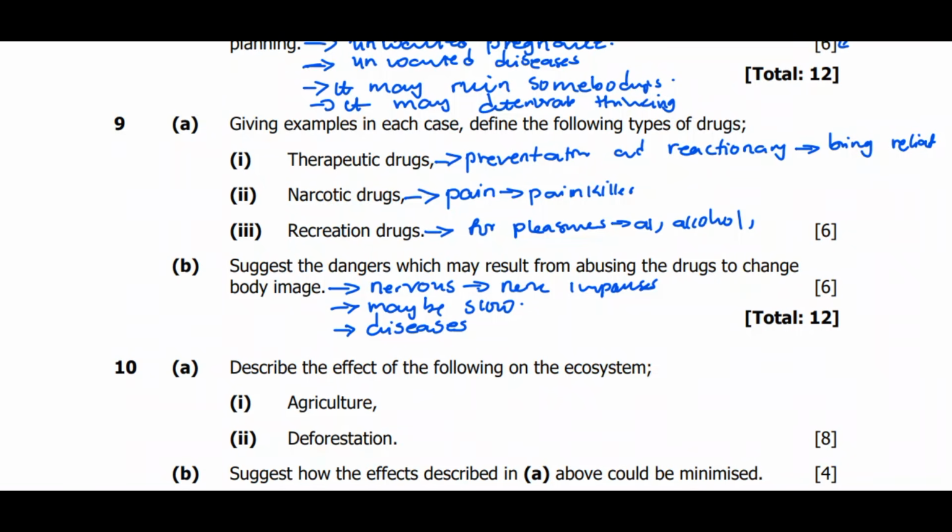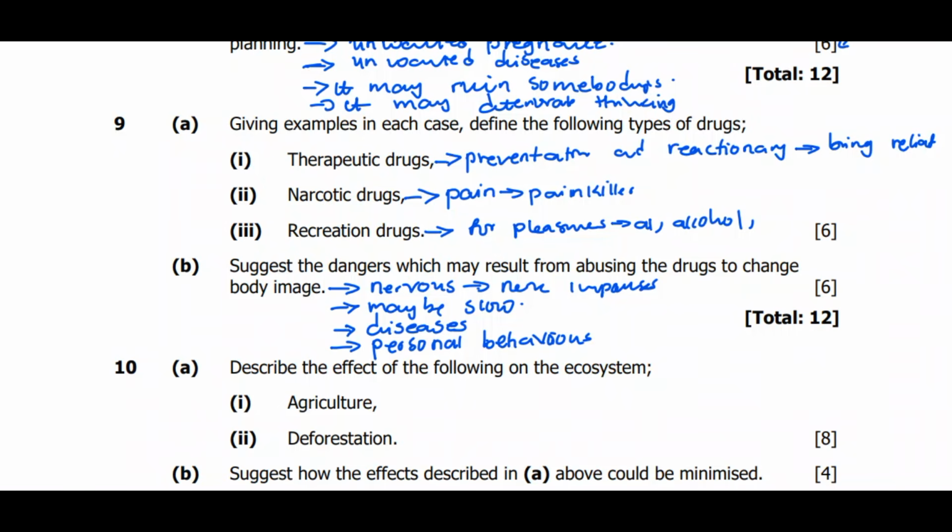So we may have dangers like causes of diseases. Then also personal behavior. In some people, you may even see how they behave in public, the exposure, dress code changes. So all these can be the negative impacts.